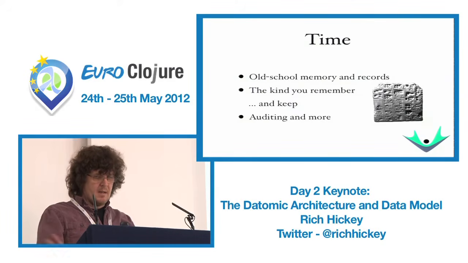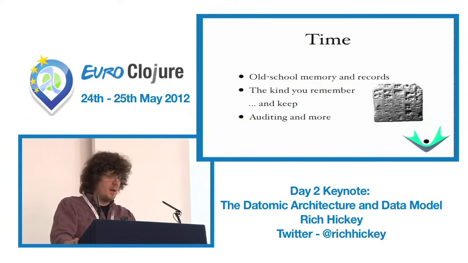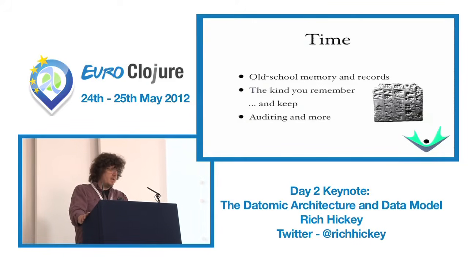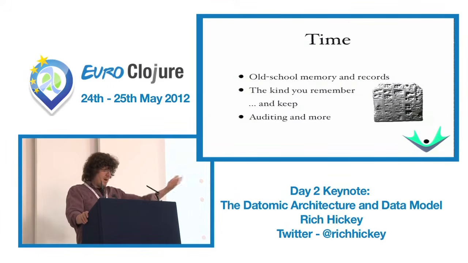Another fundamental thing, of course, it's been a topic yesterday, is the fact that databases today generally do a very poor job with time. Before we had computers, we had the term memory and records, and they meant highly durable things. Memory meant remembering things, and records were things you kept, not things you kept writing over.